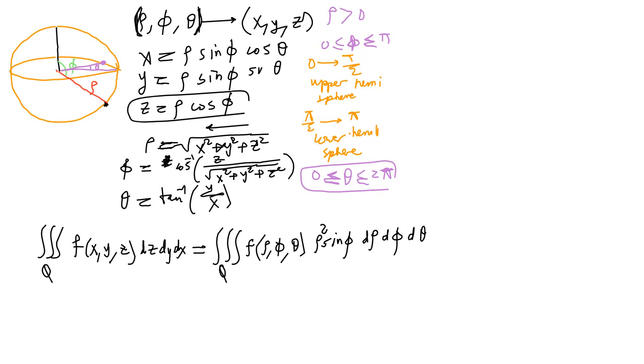And you have to remember that a full sphere or any portion of a sphere represents rho equals a constant. So if x squared plus y squared plus z squared equals r squared, this represents rho equals r.